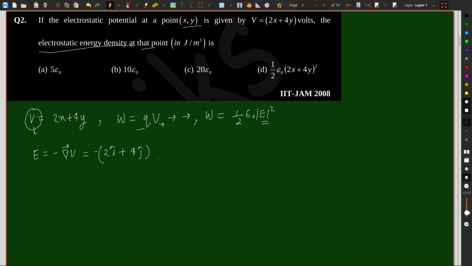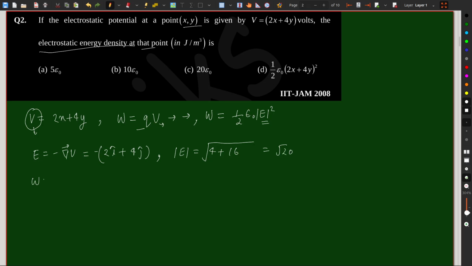So this is the electric field, and the magnitude of the electric field is under root 4 plus 16, that is under root 20.